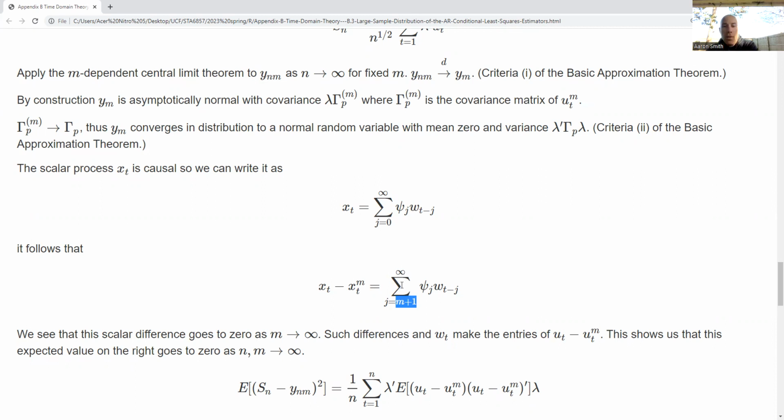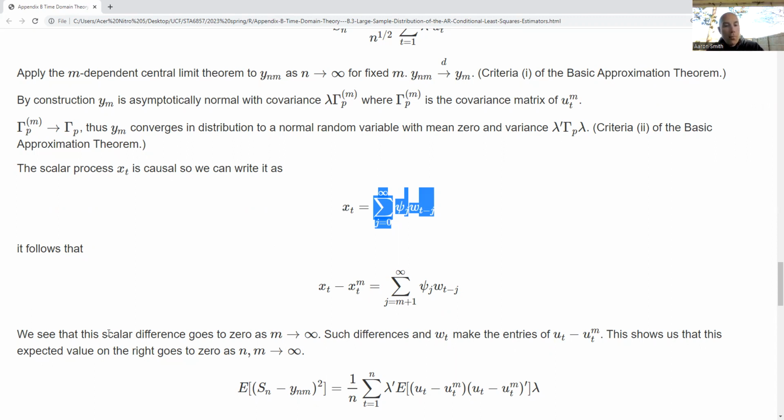Well, by saying that x sub t is causal, that tells me immediately, and this is from real analysis, from advanced calculus, that this summation converges, and for any arbitrary value, if I select a large enough little m, I know that the summation has to be less than the arbitrary cutoff that I'm interested in. So for any given epsilon, there exists an n such that if m is greater than n, then the summation will be less than epsilon. If you've taken advanced calculus, if you've taken real analysis, you know this off the top of your head.